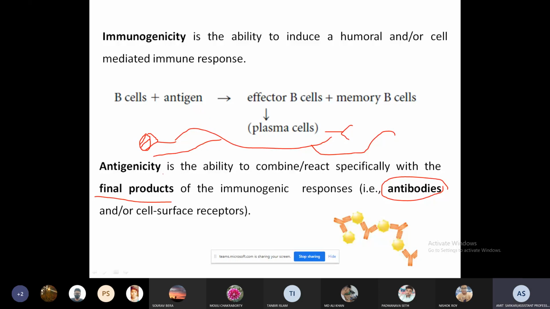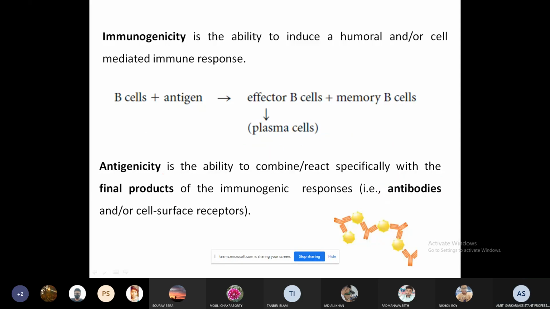So antigenicity is only the ability to combine specifically with a final product. Okay, but they are not necessarily involved in stimulating our immune response. If they are involved in stimulating or inducing our immune response, then we can say they have immunogenicity.